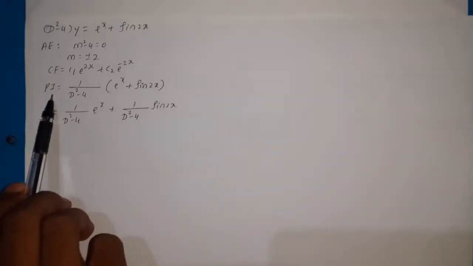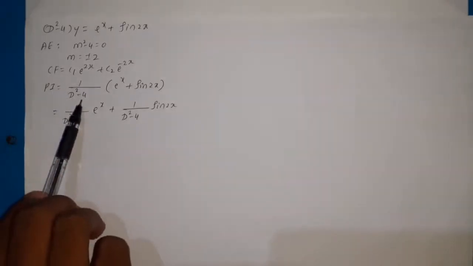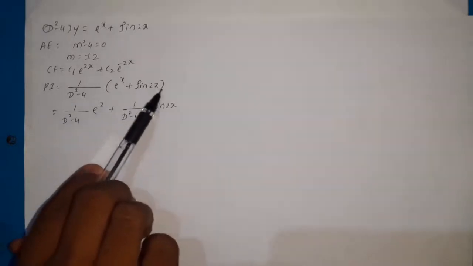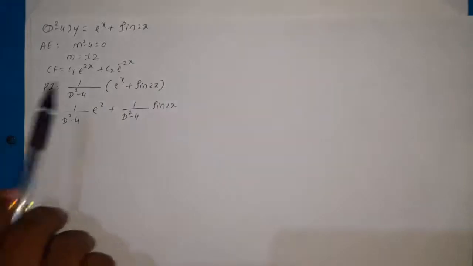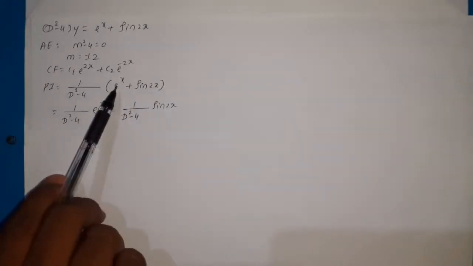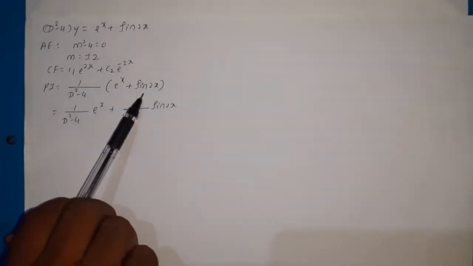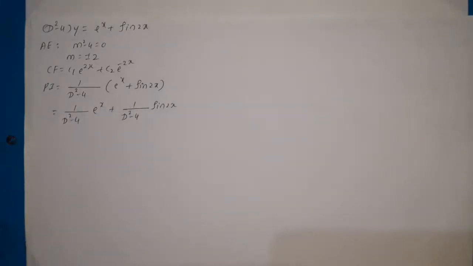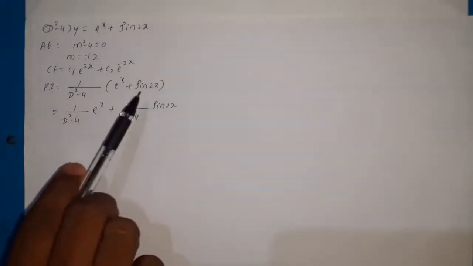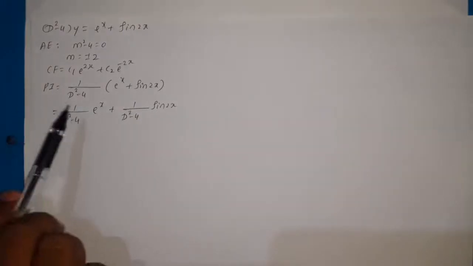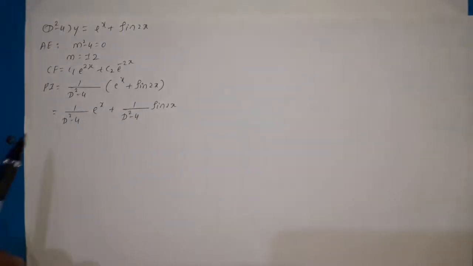So particular integral is equal to 1 divided by f of D into whatever the function exists on RHS of the differential equation. So here the function on RHS is e power x plus sin 2x. We know the particular integral for e power x or sin x, cos x, but here it is the sum of two functions. Then we need to split the 1 by f of D for both the functions separately.